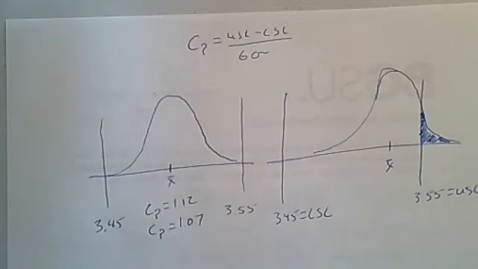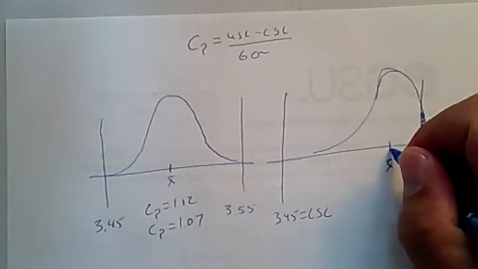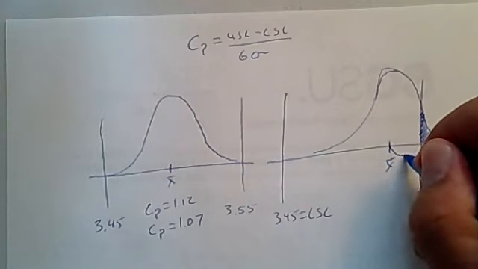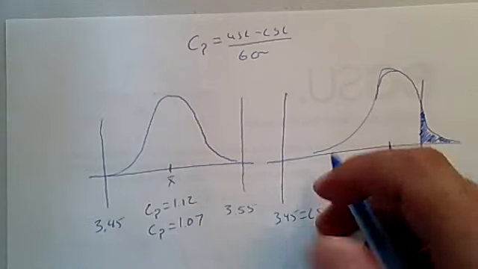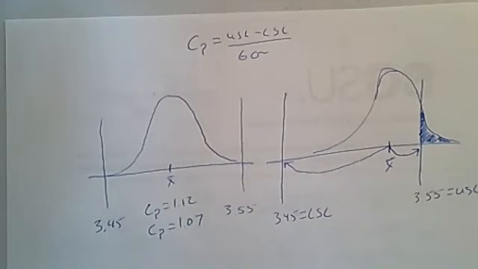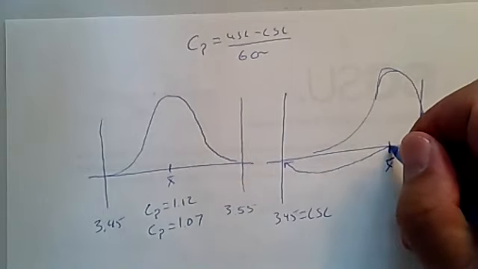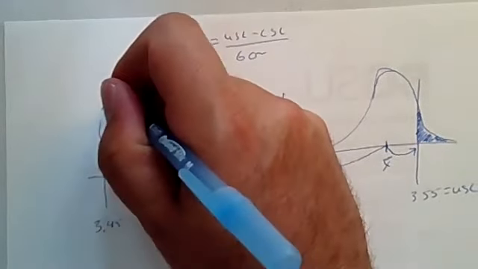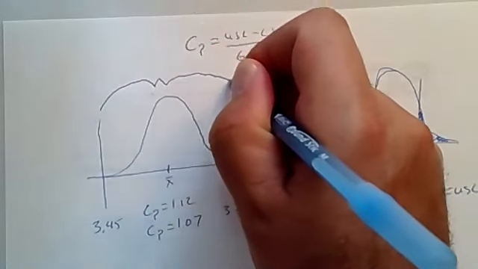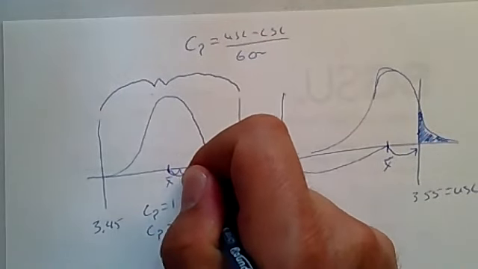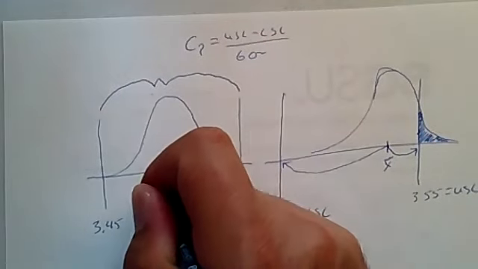But the CPK would be much less, because what the CPK does is it looks at the distance between your X bar and the upper specification limit and X bar and the lower specification limit, and divides those numbers by half of the width of the distribution. So the CP ratio looks at this width, the specification band, and then it says, well, the natural width of the distribution, I drew those too small, is about 3 standard deviations.